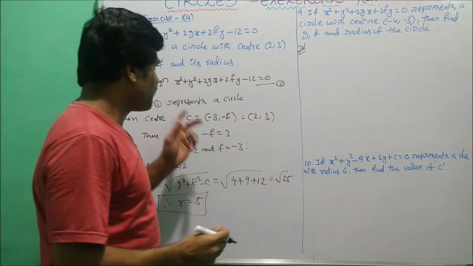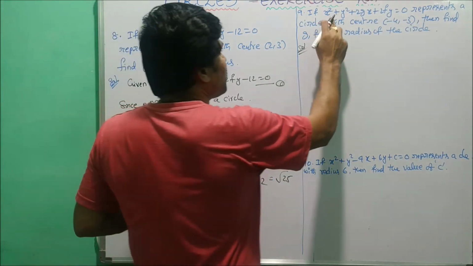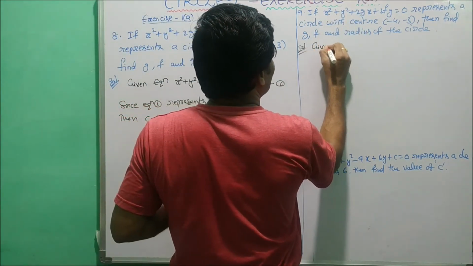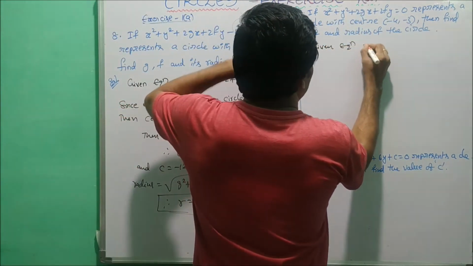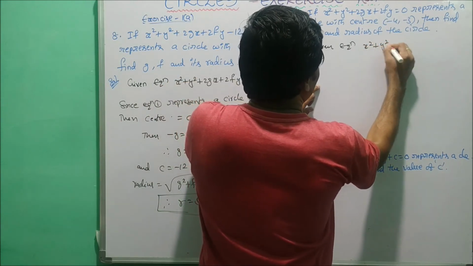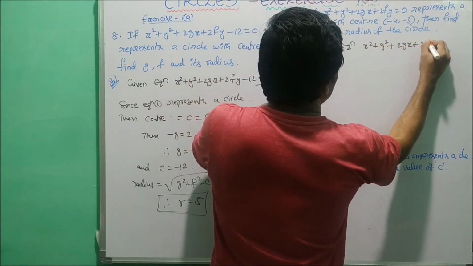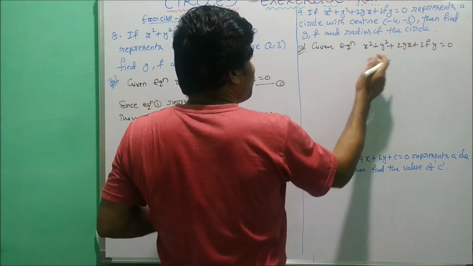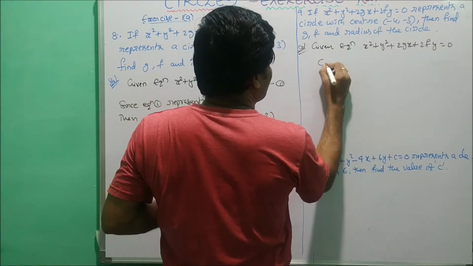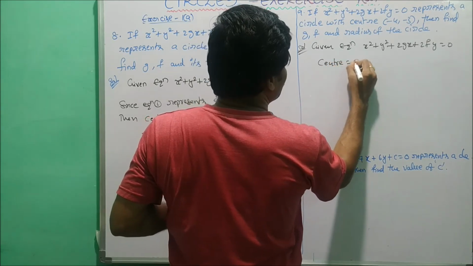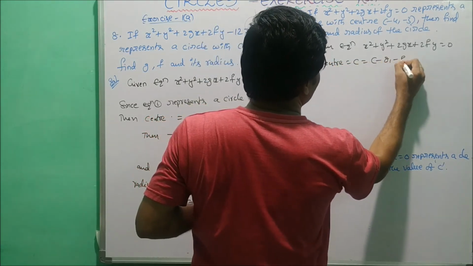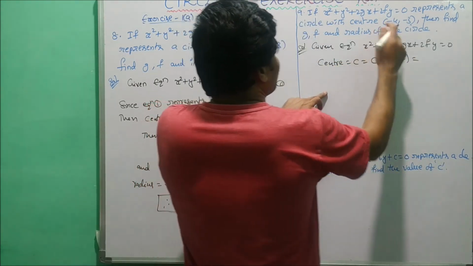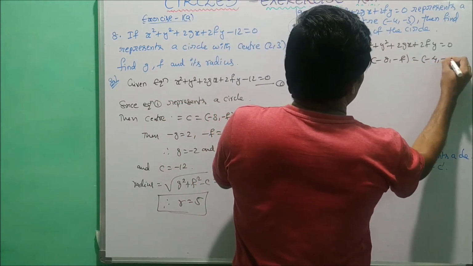Ninth problem is also the same model. Here also the given equation is x square plus y square plus 2gx plus 2fy equals 0. Here from the equation, center equals minus g, minus f. Already given center is minus 4, minus 3.